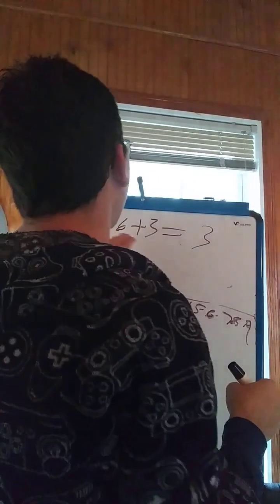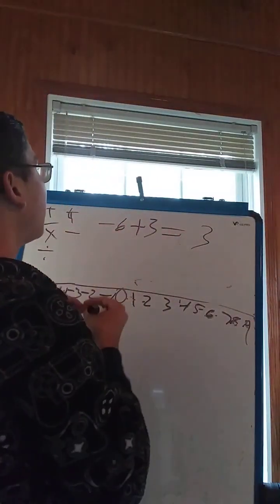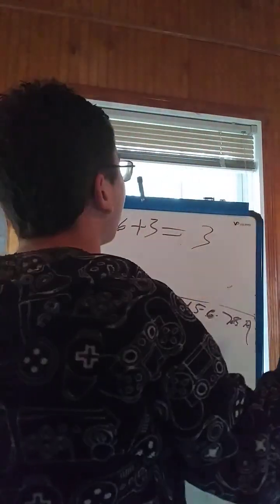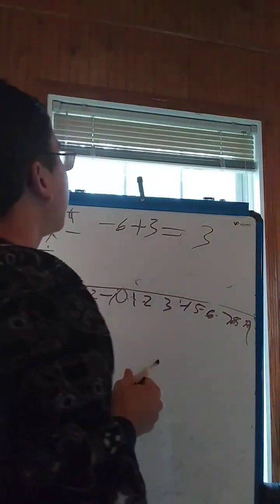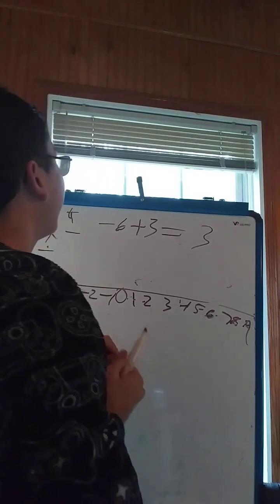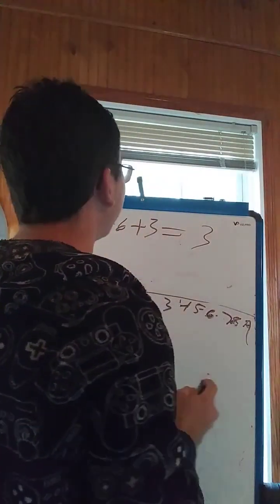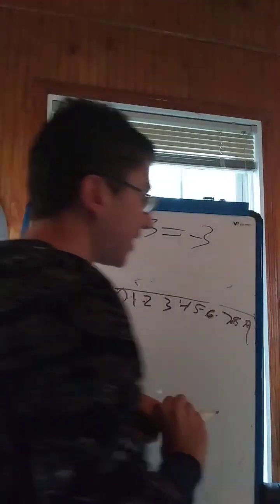Just think generally. Pretend that there's no negative sign here. Just think, without the integers, of a number. 6 is a bigger number than 3, obviously. So we would use the sign of the in general bigger number, which is a negative sign. So our answer would be negative 3. Just as simple as that.